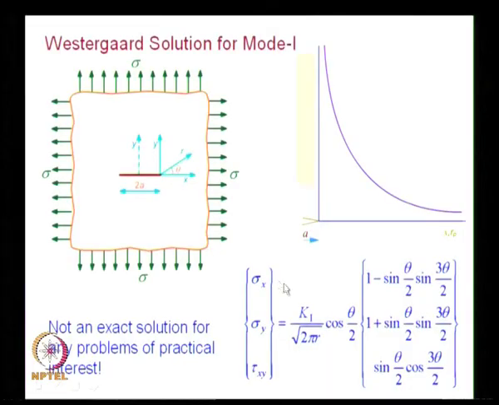In that zone, this solution is reasonably accurate. So, if you are focusing your attention only in a region close to this as a singular solution, people have used it interchangeably for uniaxial as well as biaxial.